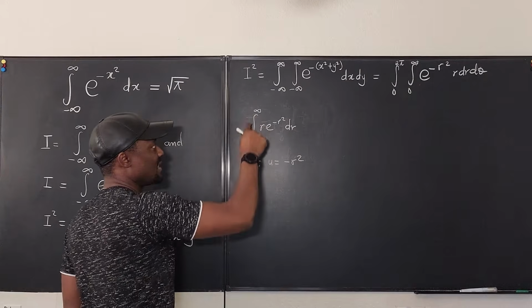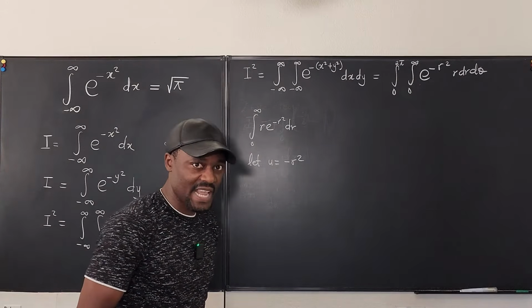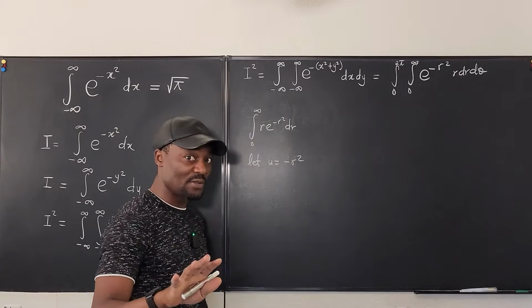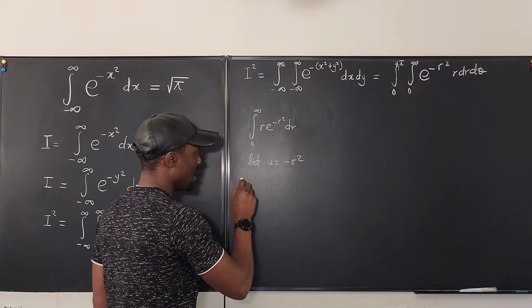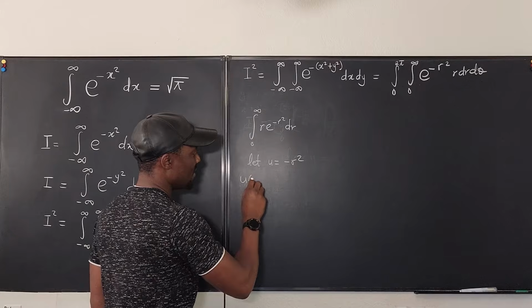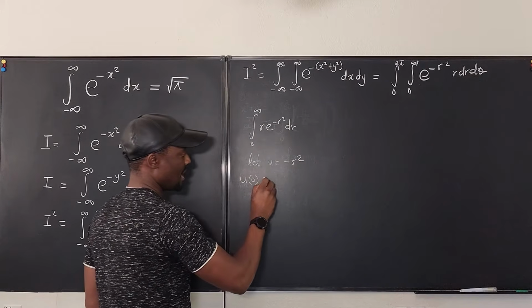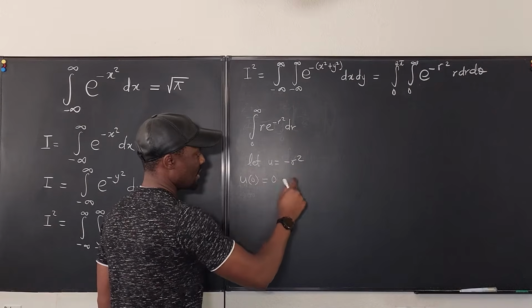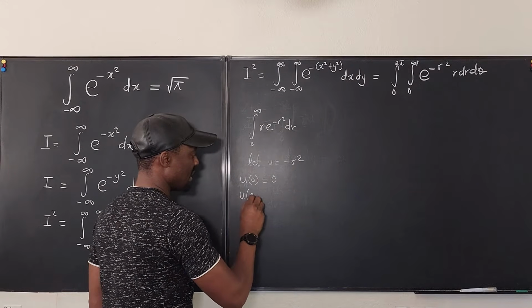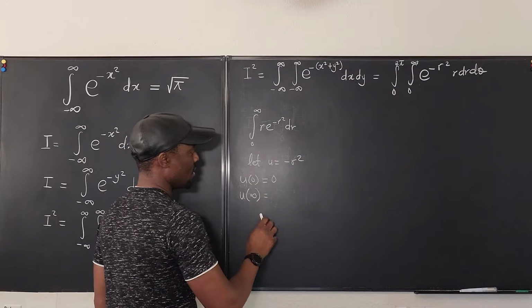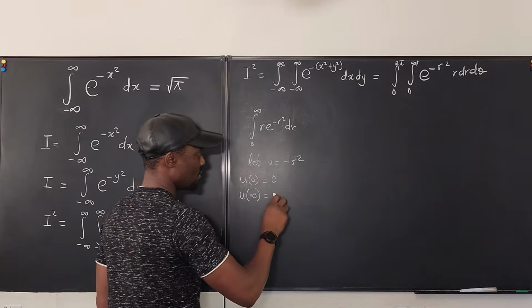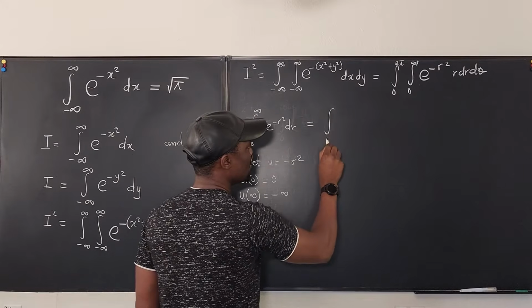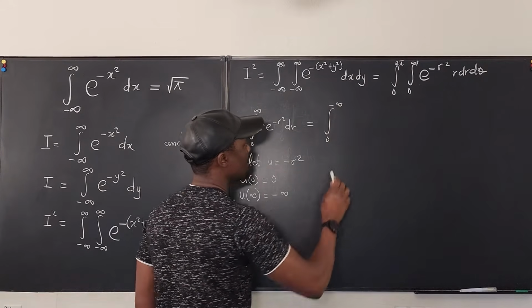Because this is a definite integral, it's always good to replace the boundaries immediately so I don't forget. When u is evaluated at 0, that's going to be 0, minus 0 squared is 0. But when evaluated at infinity, it's going to be minus infinity squared, which is minus infinity. So my boundaries will change to 0 and negative infinity.